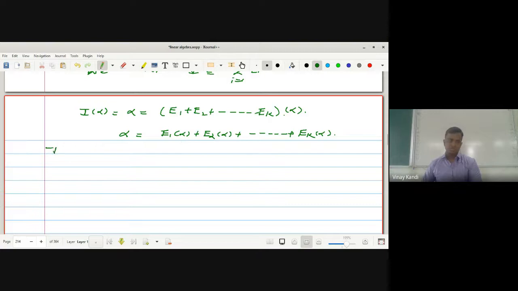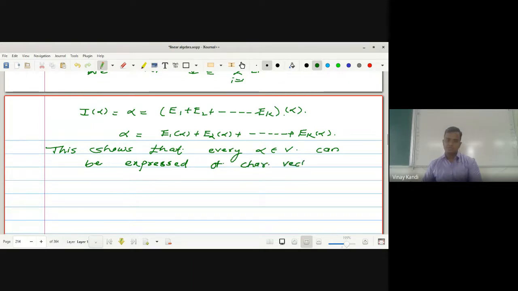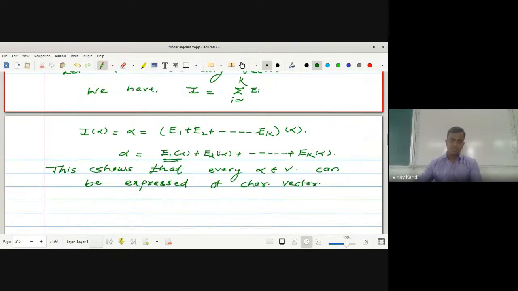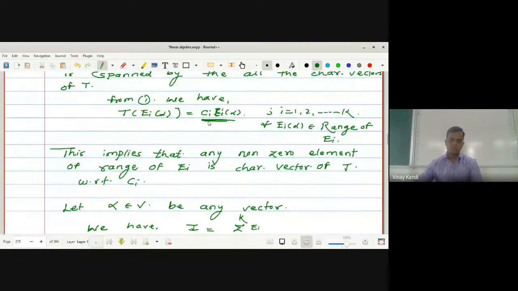This shows that every alpha belonging to capital V can be expressed as a sum of characteristic vectors. What is this E1 of alpha? A characteristic vector corresponding to c1. What is E2 of alpha? A characteristic vector corresponding to c2.